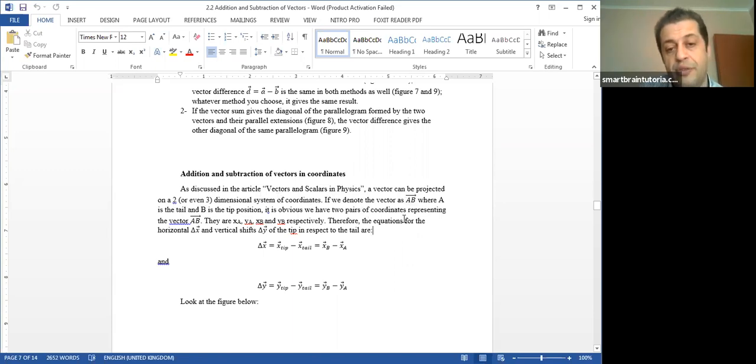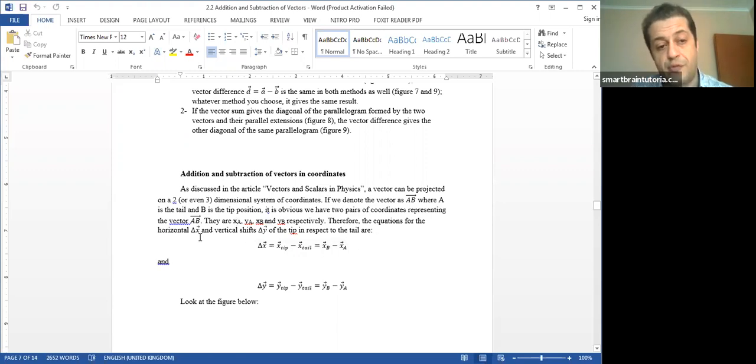If we denote our vector as AB, where A is the tail and B is the tip position, it is obvious we have two pairs of coordinates representing the vector AB. Two coordinates, one x and one y, are for the point A, and another x and y are for the point B. So we have four coordinates in total.